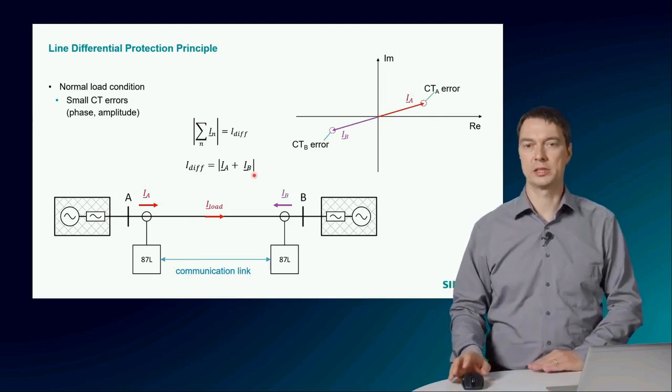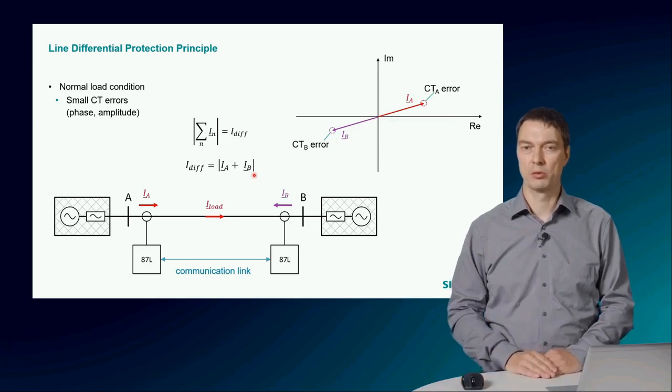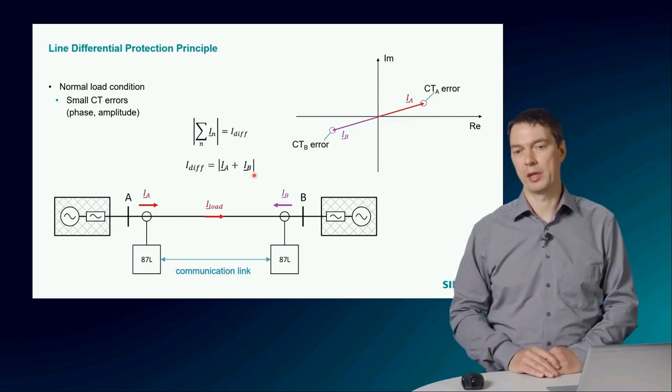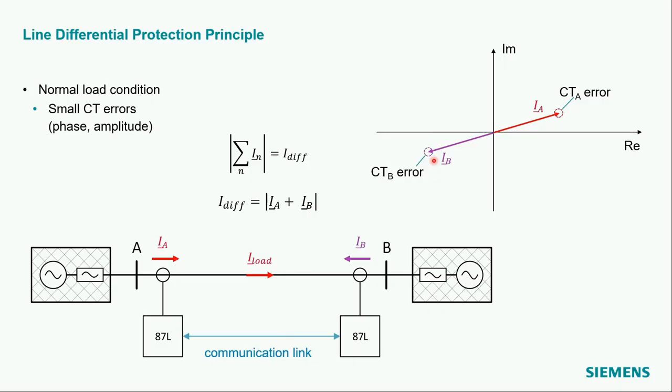In reality, the CTs will have some small errors, which will result in errors in the amplitude and the phase, which is shown in the figure here with some small circles on the top of these phasors. The differential current as the sum of both current phasors will result in a very small differential current.